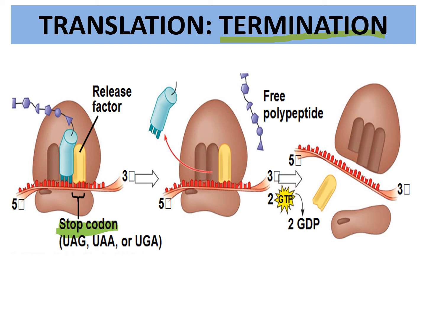And so instead of a tRNA molecule attaching to the A site, a protein called a release factor will attach onto your A site. And as a result of that protein called the release factor being found in your A site, it will cause a water molecule to be added on to the end of your polypeptide chain.